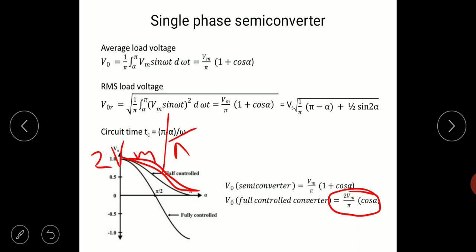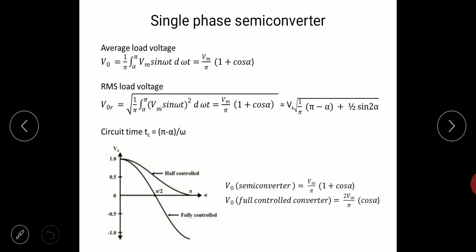So based on our requirement, if we want a negative voltage, then we will use a full control converter, and if we want a positive voltage always, then we will be using a semi converter. We know that the load current is always positive, so a full control converter is a 2 quadrant operation, and a semi control converter is a 1 quadrant operation.